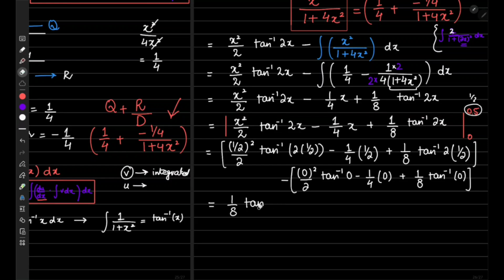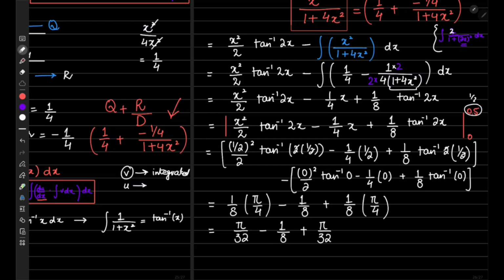What is tan inverse of 1? It's 45 degrees, that's pi over 4, minus 1 over 8, plus again 1 over 8 times tan inverse of 1, because 2 and 2 will get cancelled. So tan inverse of 1 is pi over 4. Now pi over 32 minus 1 over 8 plus pi over 32.